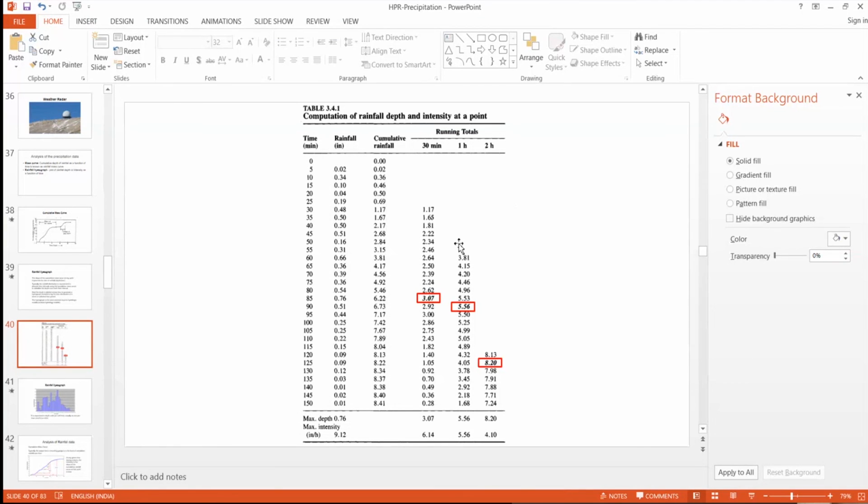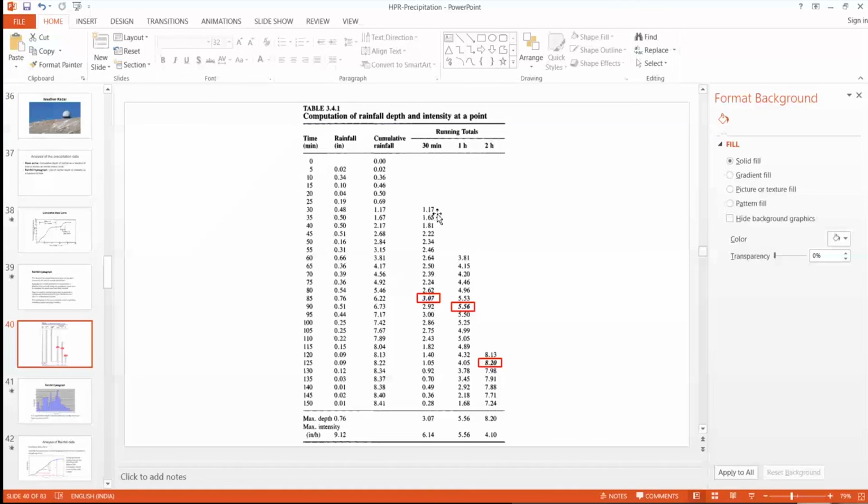Now we need to find the rainfall intensity in the 30 minute interval, 1 hour interval, and 2 hour interval. For the 30 minute interval, from 0 to 30 minutes, the amount of rainfall is 1.17.